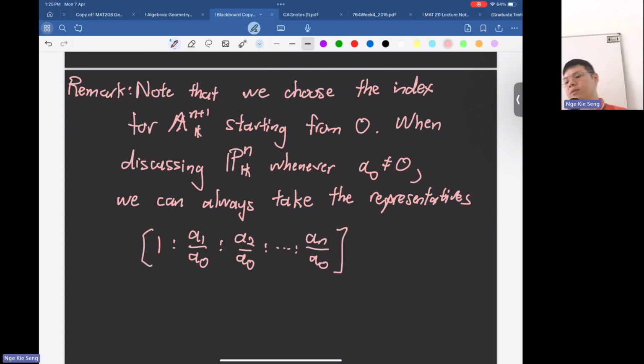It is clear that if you multiply by A0, you get the point A0, A1, A2, up to An. So this is a nicer representation.